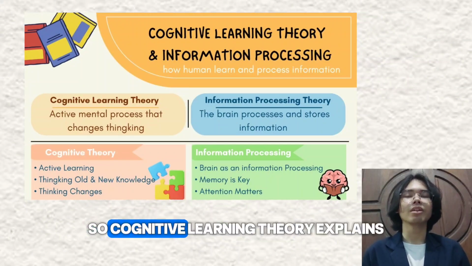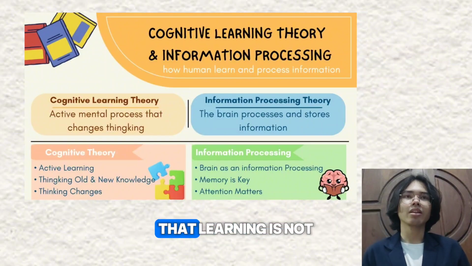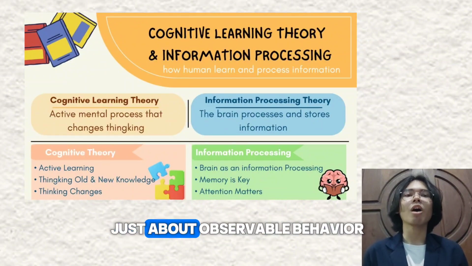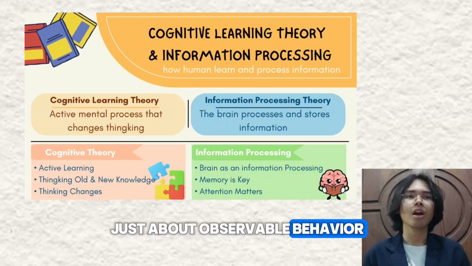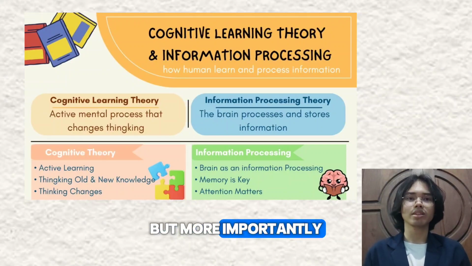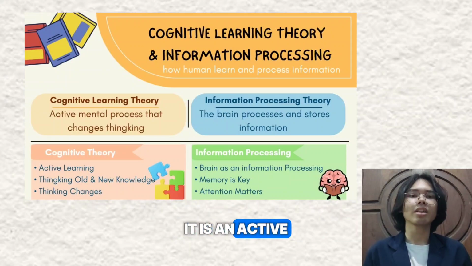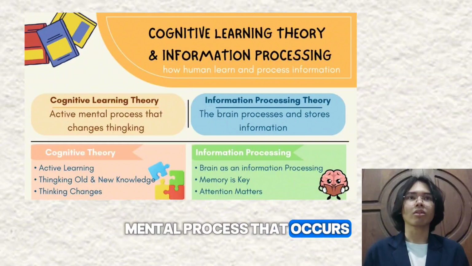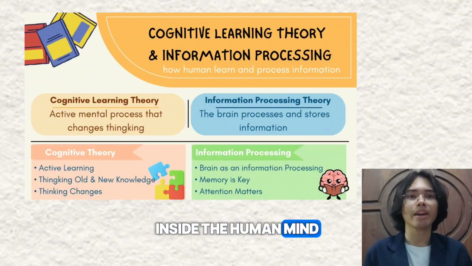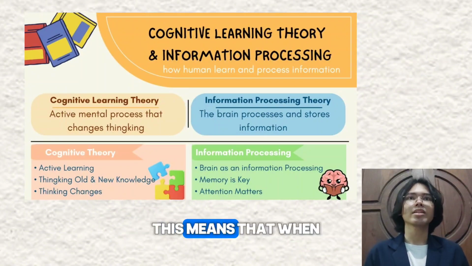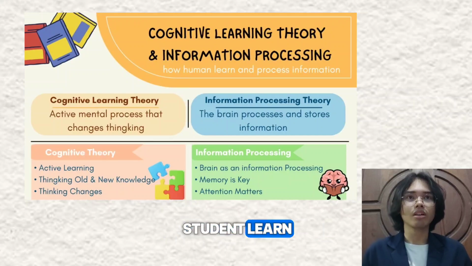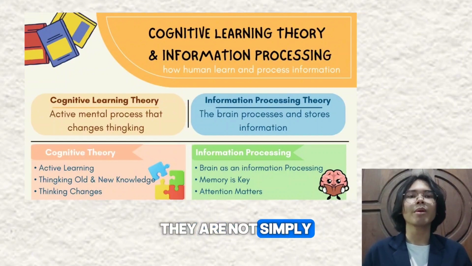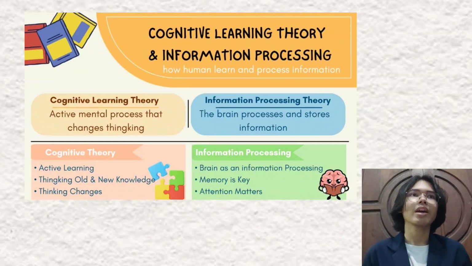So, cognitive learning theory explains that learning is not just about observable behavior, but more importantly, it is an active mental process that occurs inside the human mind. This means that when students learn, they are not simply memorizing information.